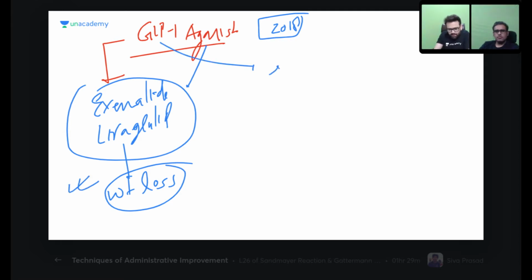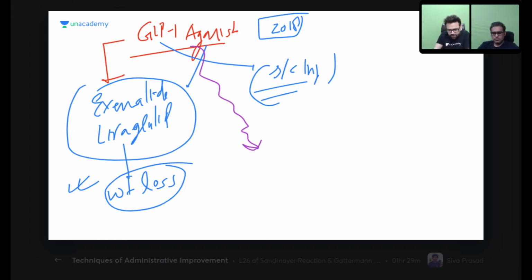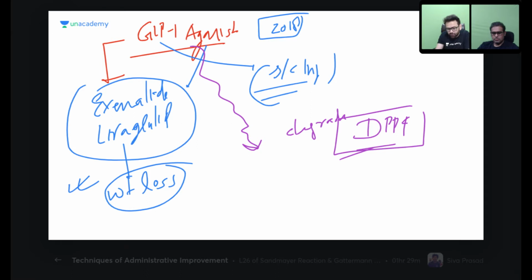But the problem is that these are subcutaneous injections. And GLP-1 is degraded by which enzyme? It is degraded by DPP4. The DPP4 enzyme degrades GLP. That is why if you inhibit DPP4, the action of GLP will be increased.